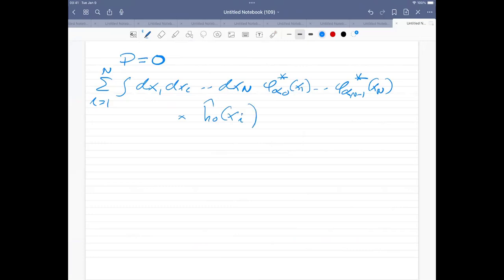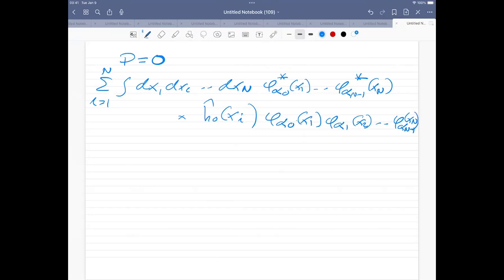This i goes back to what you have here, just the sum over these operators. And then we have phi alpha 0 of x1, phi alpha 1 of x2, all the way up to the last one, alpha n minus 1 of xn.